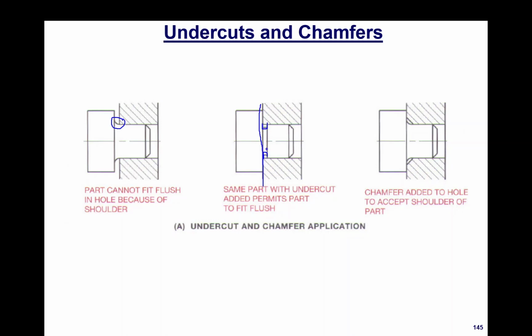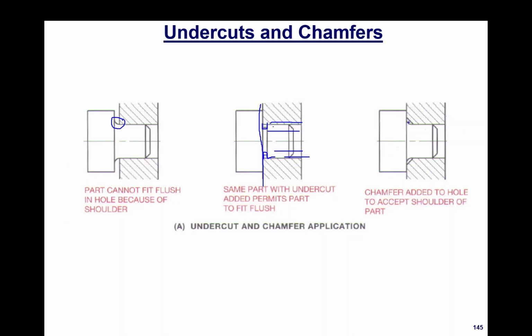So undercutting is a quick and dirty way to achieve this. But undercutting does have a major drawback because it's now reducing the diameter of this shaft, and we have a new weak link. So it's not as strong as it is at the full diameter.